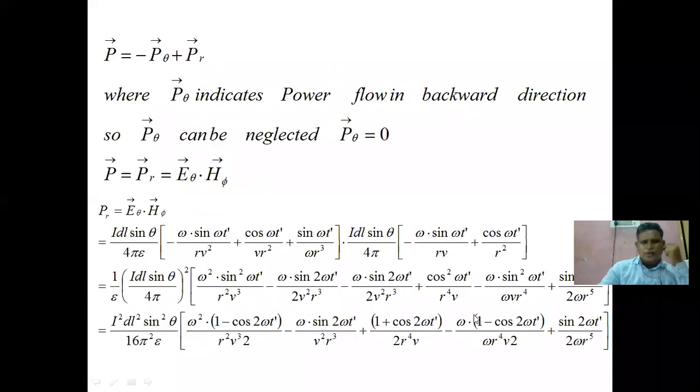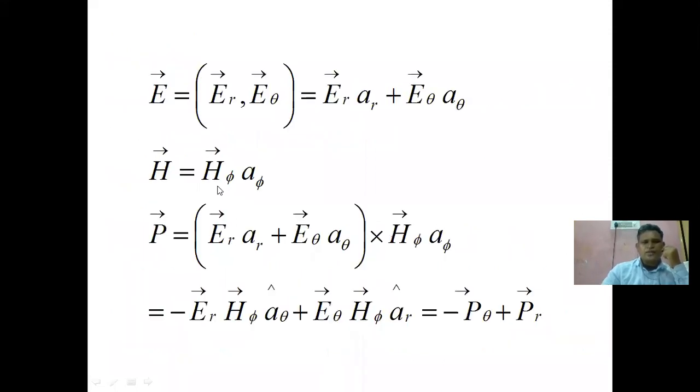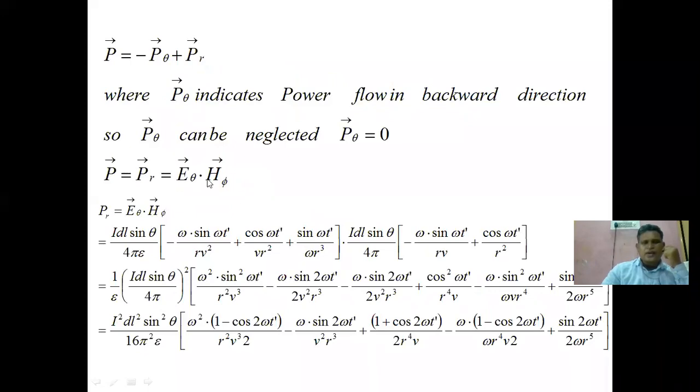Therefore, we have to minimize this term P theta. Since P theta indicates power flow in the backward direction, P theta can be neglected. Therefore, P theta is equal to 0. Now the average power P is equal to E theta multiplied by H phi, which has an R direction.